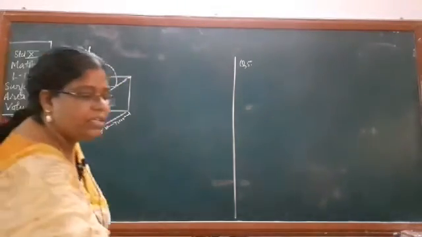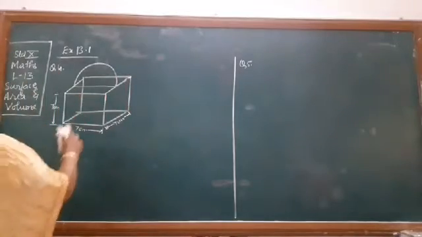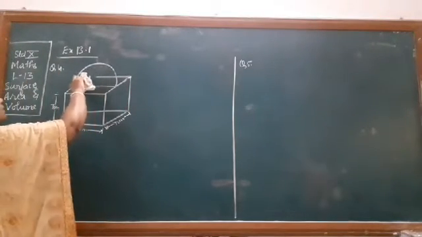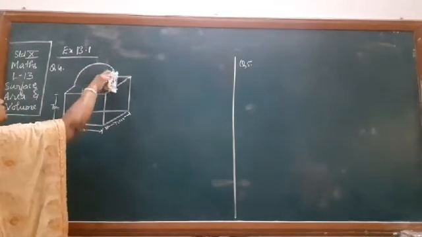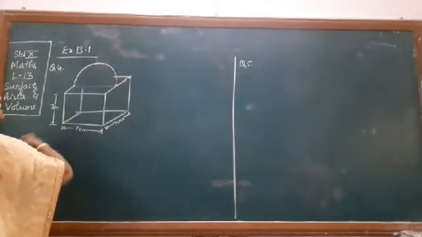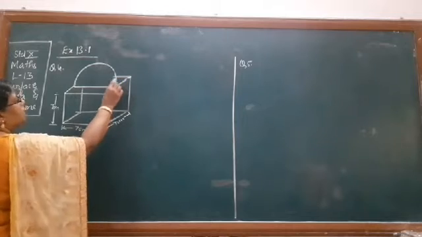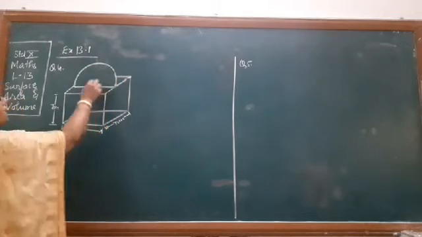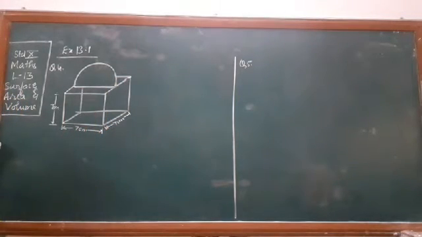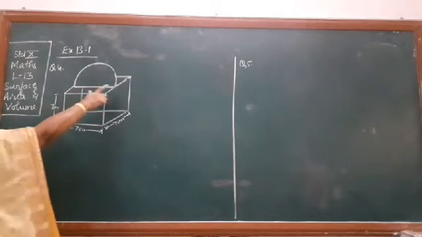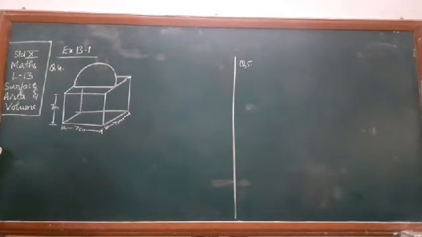A hemisphere is surmounted on the cube, that means the structure should be this way, and the greatest diameter which the hemisphere can have is actually the side length of the cube only.